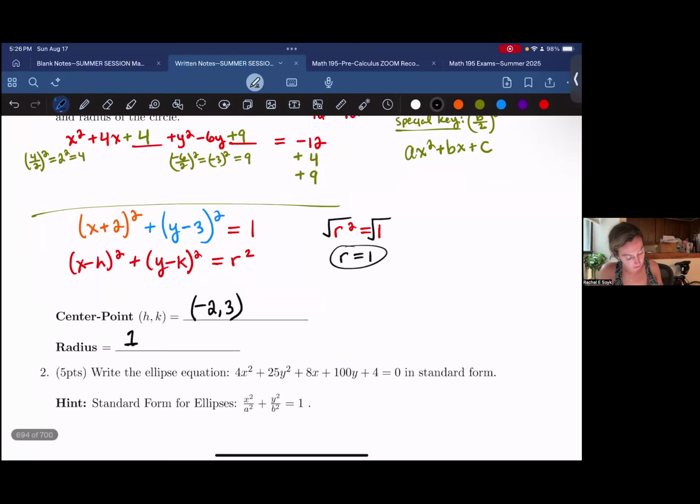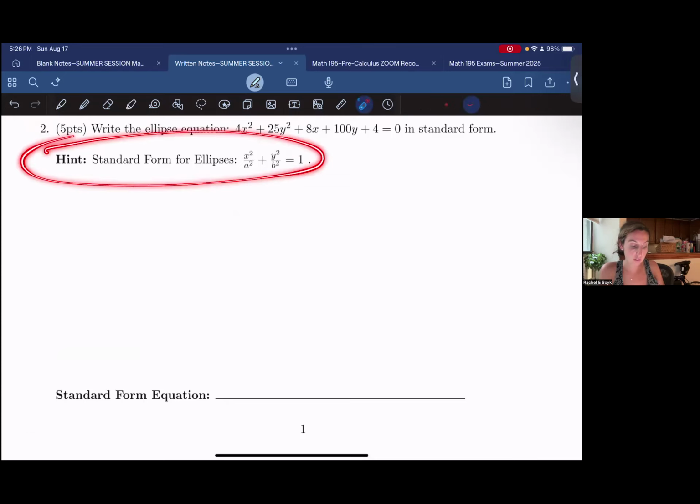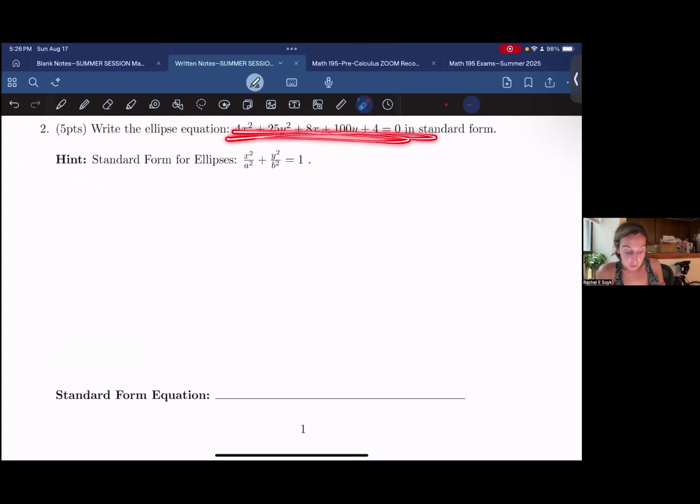Question 2, now we're looking at an ellipse equation, and we're asked to write this in standard form, and I gave you the standard form for the ellipse just to be helpful for this question. However, what are we doing here? We're again going to use some manipulation of completing the square twice. It's just now we want to get it into a slightly different form.